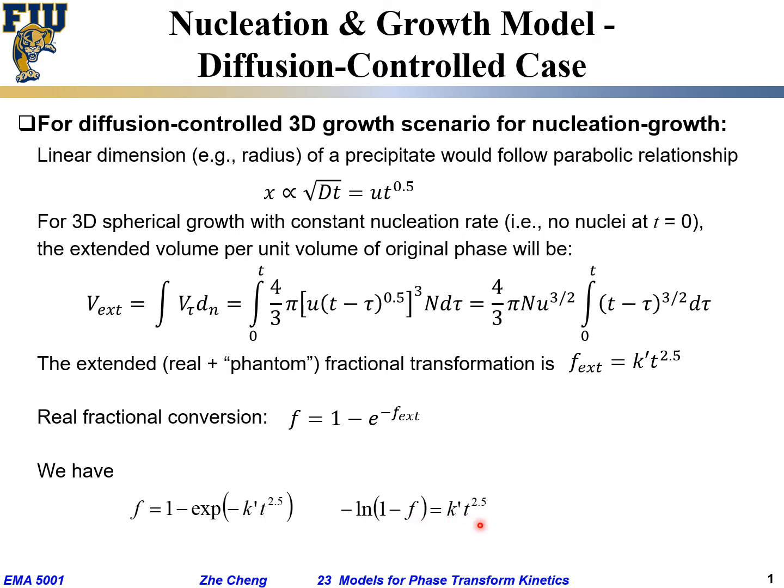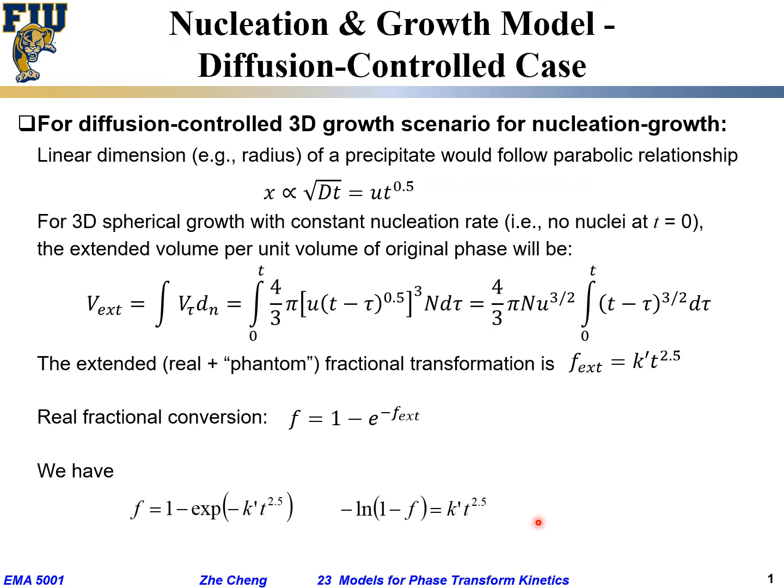When t goes towards infinity, the fraction goes towards 1, and within the bracket it goes close to 0, and taking the natural log gives negative infinity, but there's another negative sign, so it becomes positive infinity. So the left side and right side are consistent.